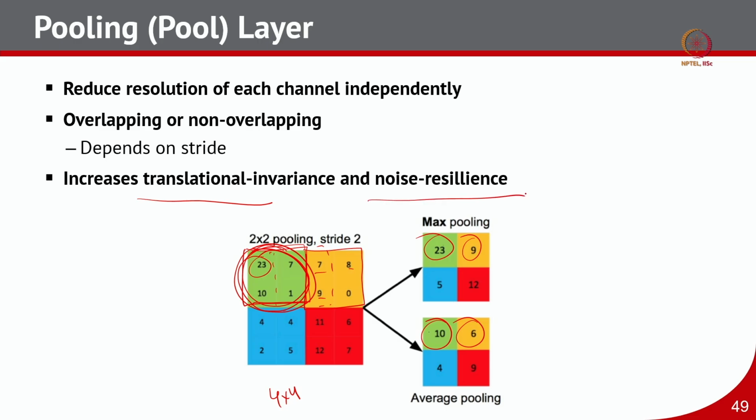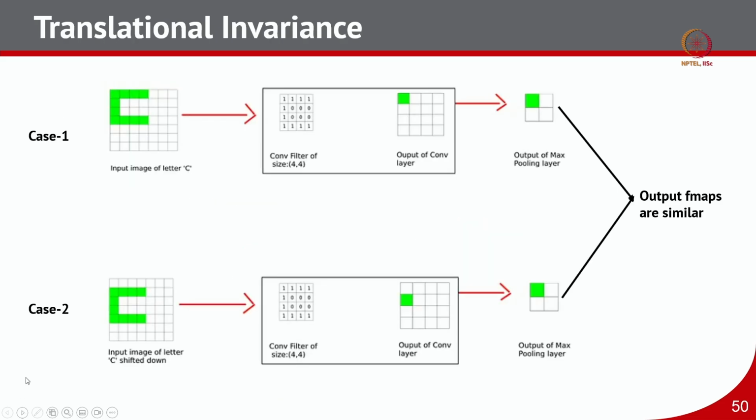Let's see how pooling is involved in noise resilience first. Oh no, sorry. Before noise resilience, let's see how it captures translational invariance. When we say translational invariance, we mean that, let's say we have a 27 by 27 image, and the task is a recognition task. We have to recognize which animal is in the image.